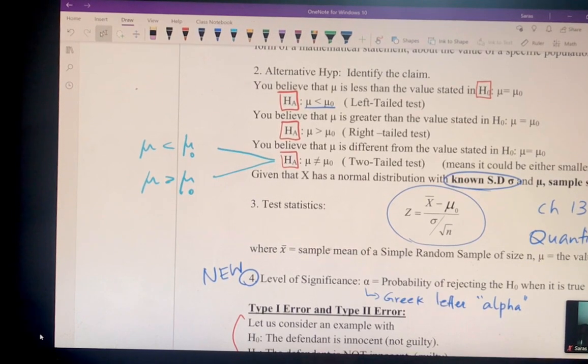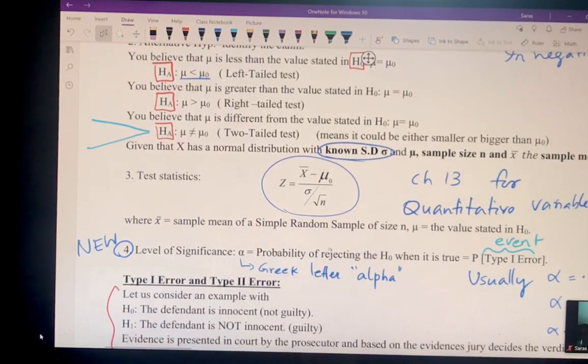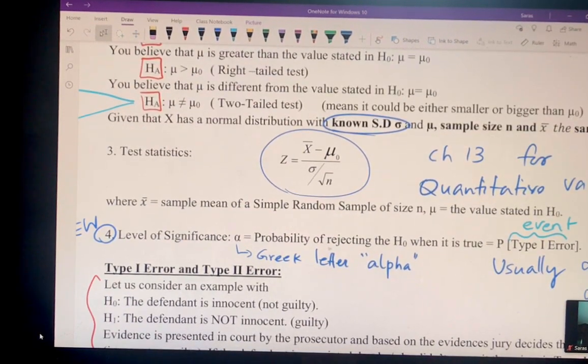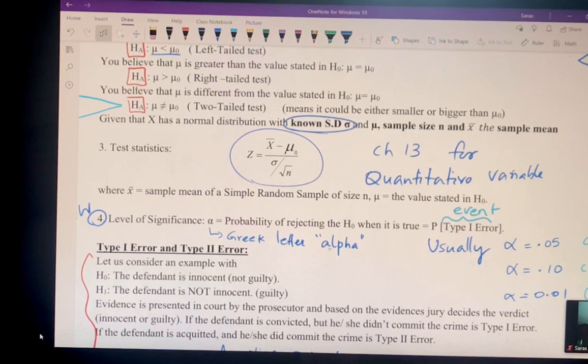All right. Step number 3 is you are going to bring your z-score that you studied in chapter 13. So I have written that here. Z-score equals x bar minus mu sub 0, the value taken by mu in your null hypothesis, over sigma over square root of n.